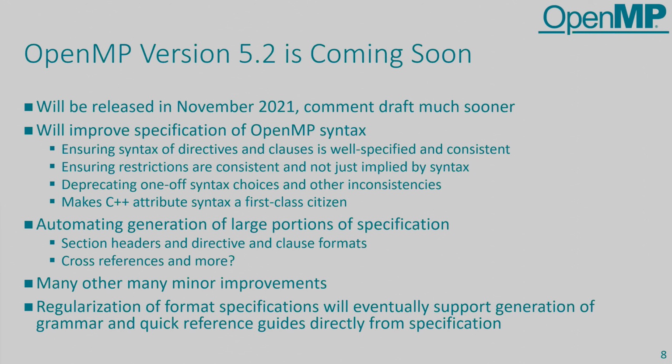All right, so OpenMP 5.2, what's it going to be? Well, the attribute syntax actually motivated us to decide to do 5.2. The way we adopted the attribute syntax in 5.1 was basically, we said what the mechanism was, we defined how it works, but we didn't update all of the syntax boxes throughout the specification to reflect that there's attribute syntax.